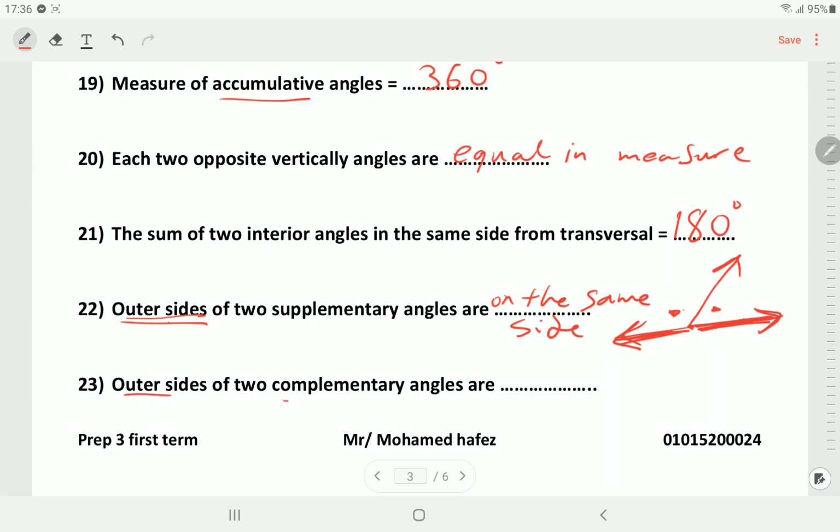And what about the outer sides of complementary angles? Complementary means 90, and the relation between this outer side and this outer side is that they are perpendicular.